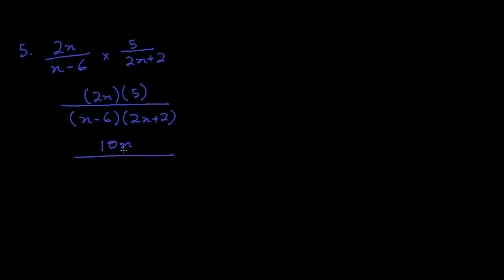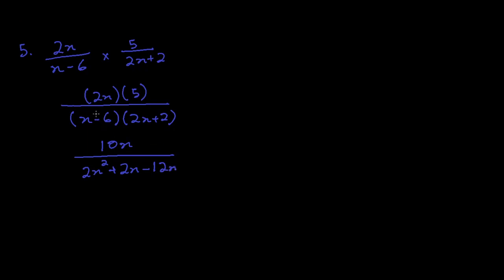Then you divide, then you're going to apply the multiplication of binomials. So this x multiplied by that is going to give us 2x squared. This x multiplied by that 2 there is going to give us plus 2x. Then this negative 6 multiplied by the positive 2x is going to give us minus 12x.